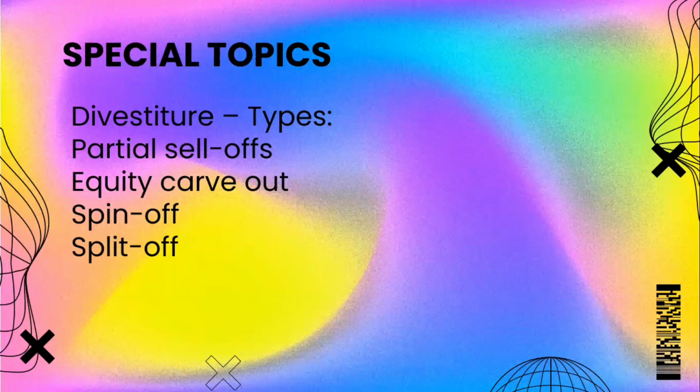Split-off, this is a business segment of the parent company that is also separated and made into an independent entity. However, shareholders are offered the option to exchange parent company shares for the new company shares or just to retain the parent company shares. So split-off is basically just the structuring of shareholders' or stock ownership.